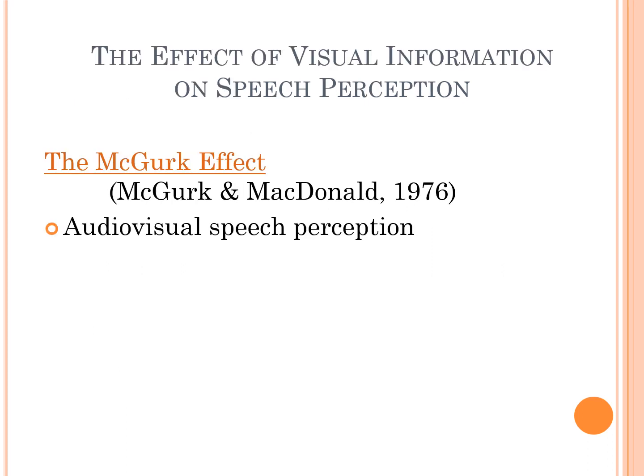I think one of my final examples here of how we are using, again, every source of information that we possibly can to hear the phonemes, to hear the sounds in our language, is the McGurk effect. It's a great example of what they call audio-visual speech perception, the fact that visual information influences what we hear.